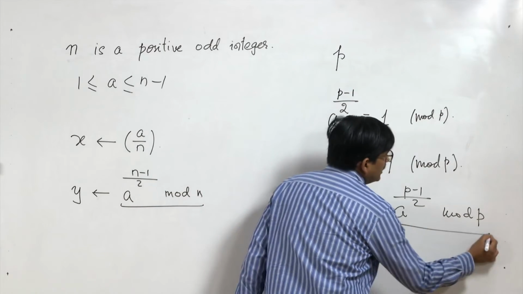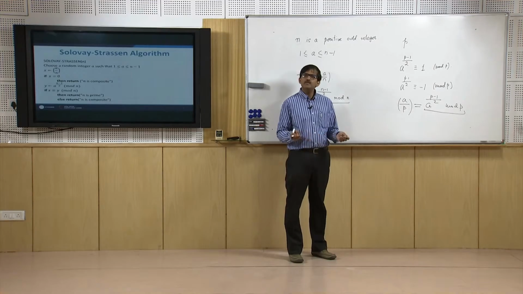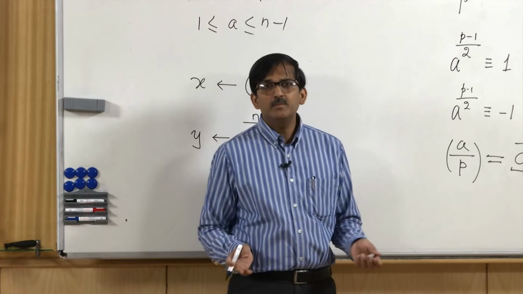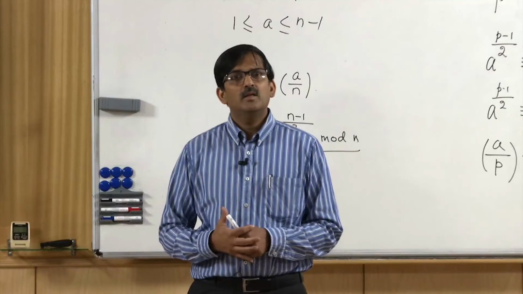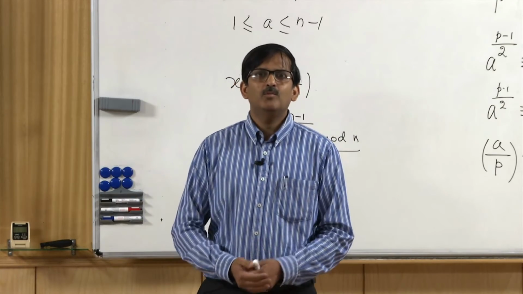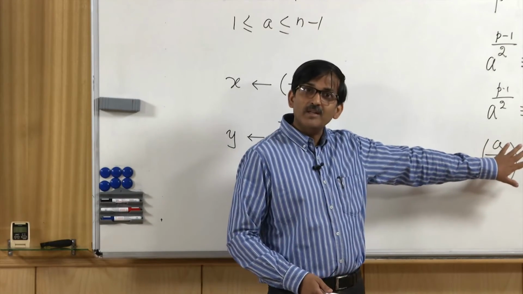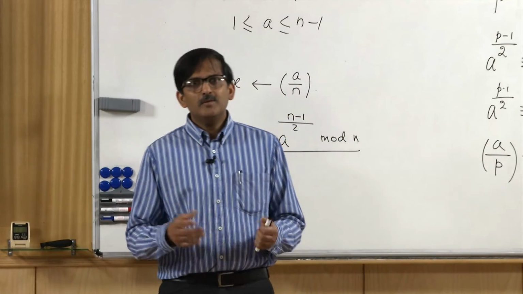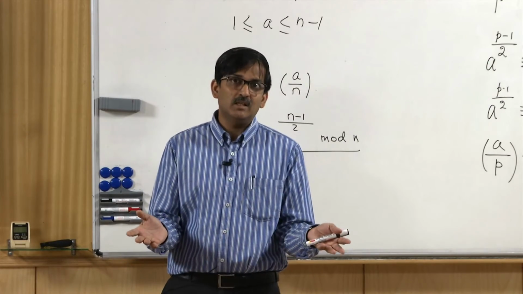So, if you take A raised to the power P minus 1 by 2 and reduce mod P, you are going to get the Legendre symbol. So, this happens if it is P. So, suppose that n is a prime, then whatever number I choose between 1 and n minus 1, this condition is going to be satisfied. And if n is a prime, if instead of taking Legendre symbol, I compute the Jacobi symbol, I am going to get the same result.